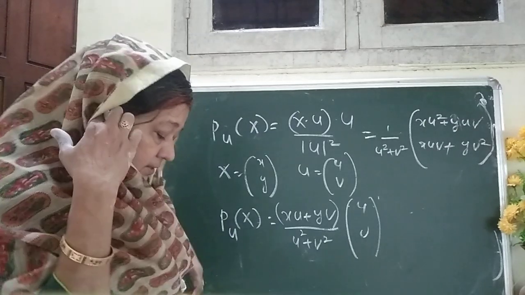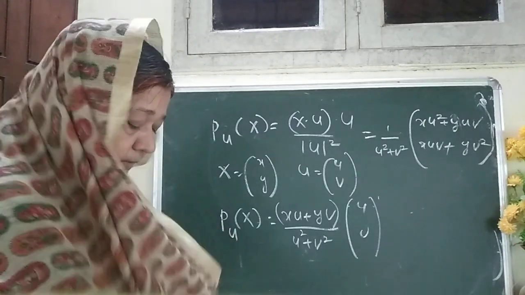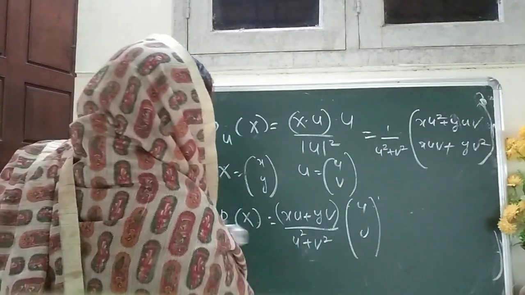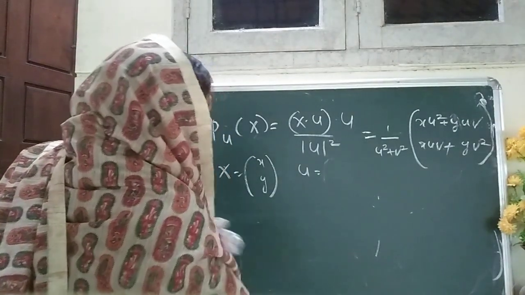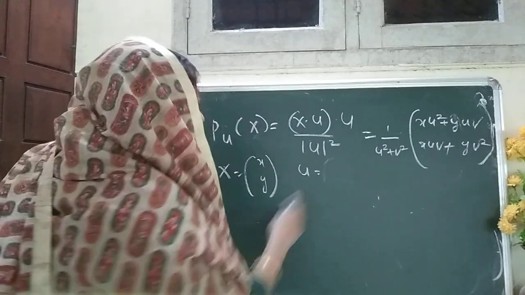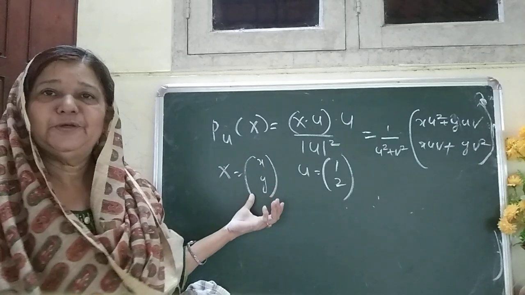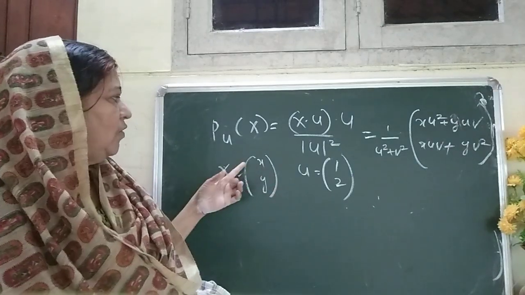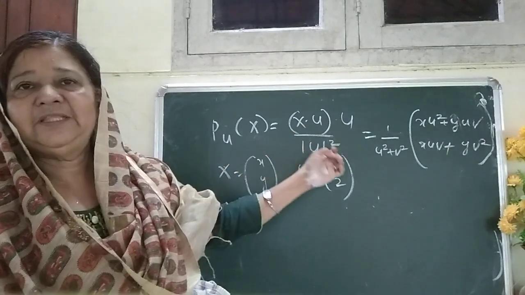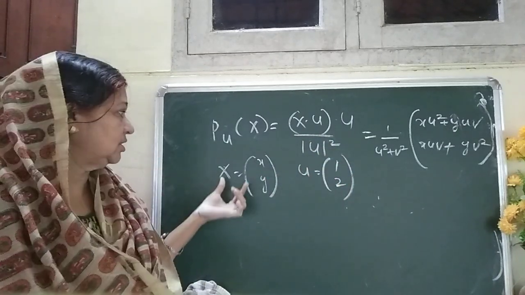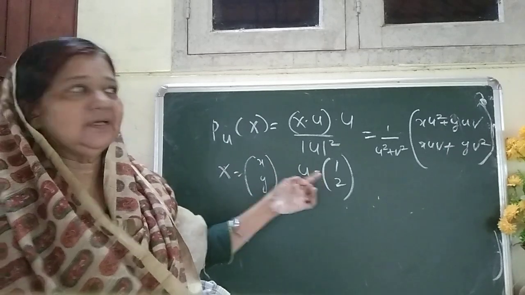Then we can find, suppose u equal to any vector, say (1, 2), we can easily find the projection transformation of this x along this u. We can find the projection transformation of x along this vector, right?